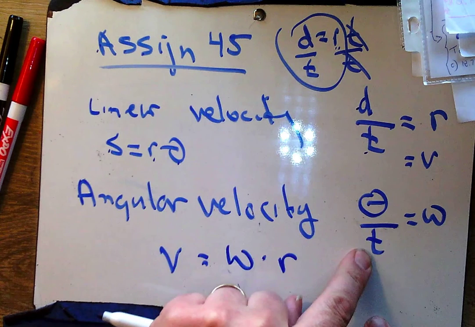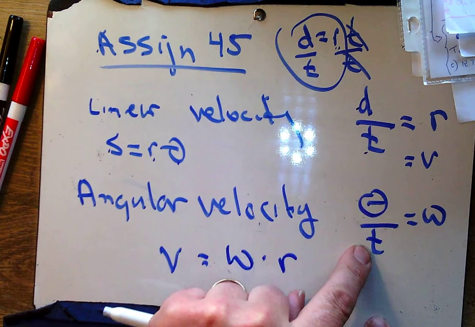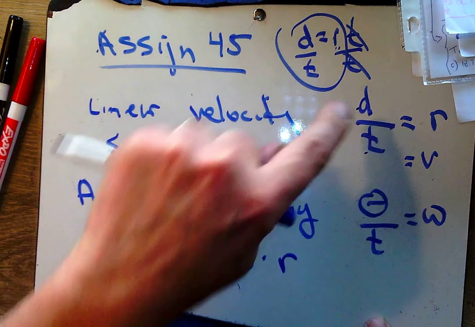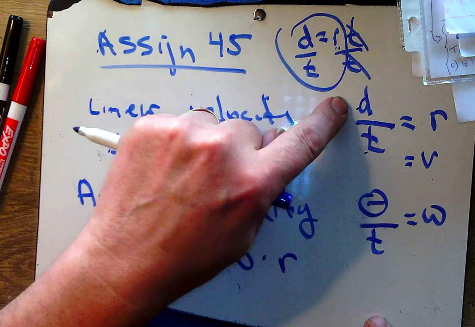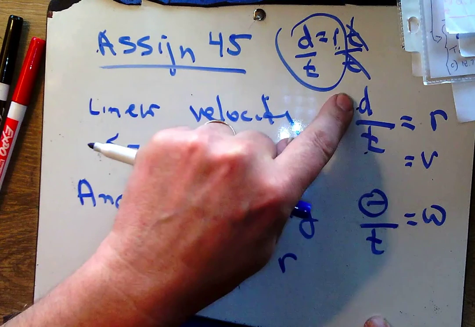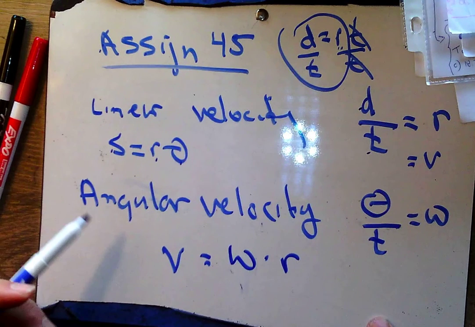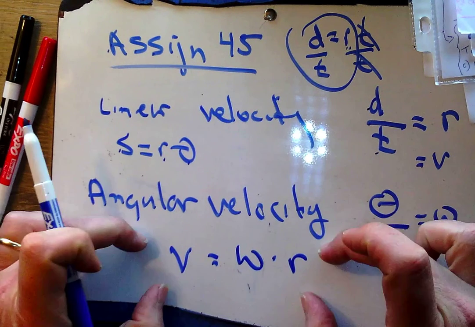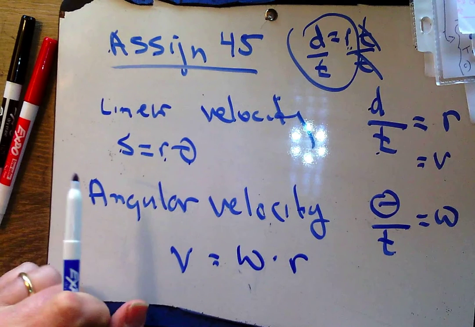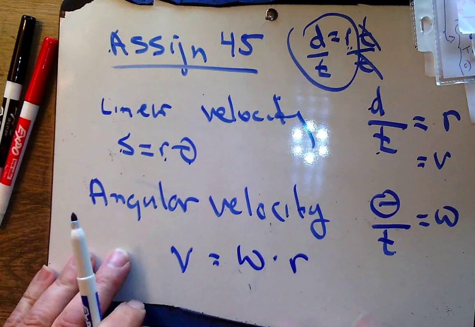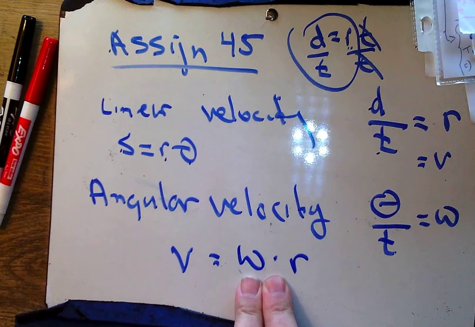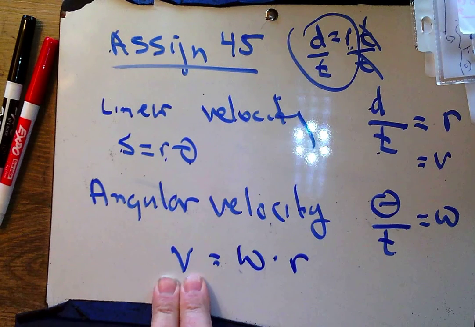Radians per minute, degrees per second, and linear velocity, feet per second, miles per hour, meters per year. So this formula relates these rates for us. That's kind of cool. I have a bridge that allows me to go from angular velocity to linear velocity.